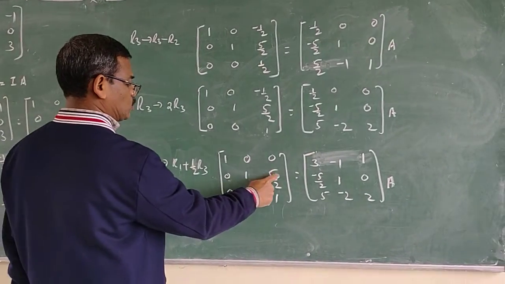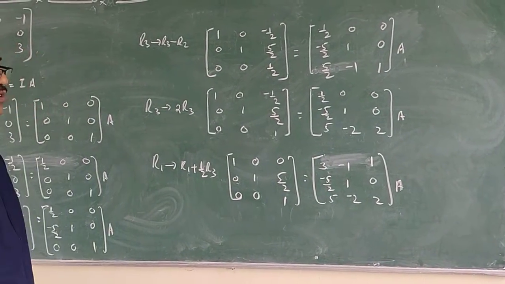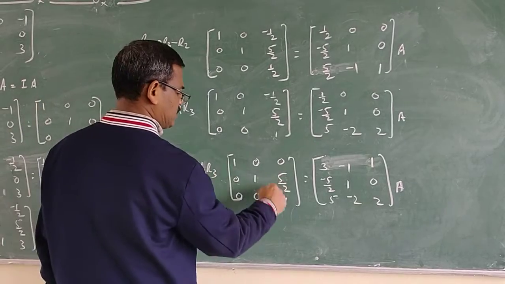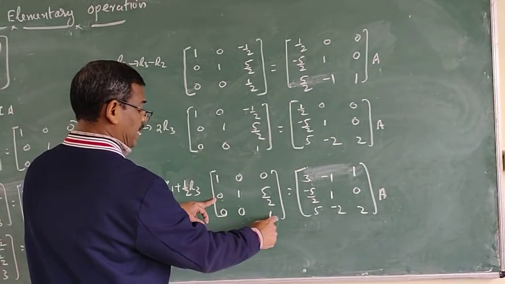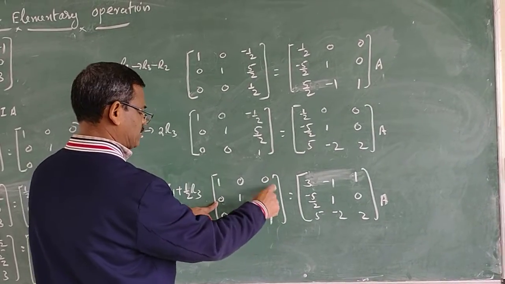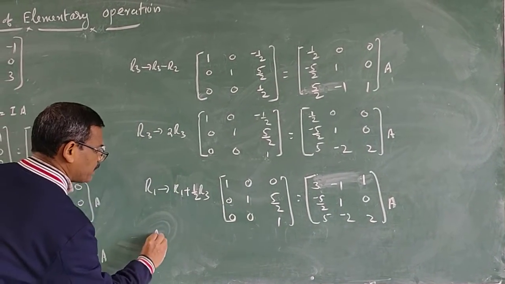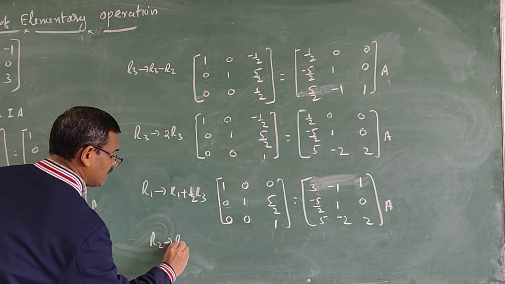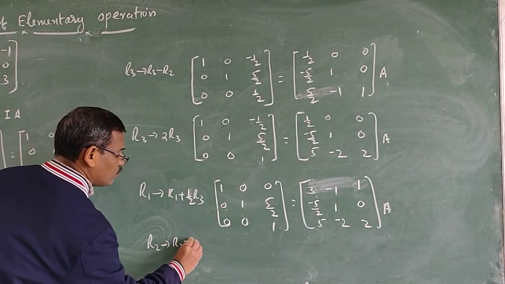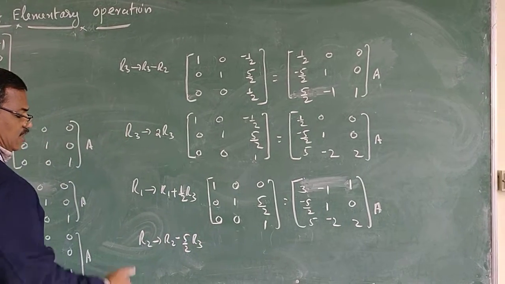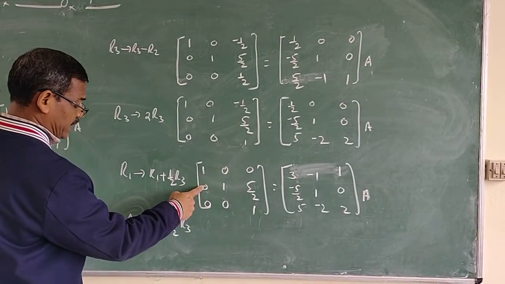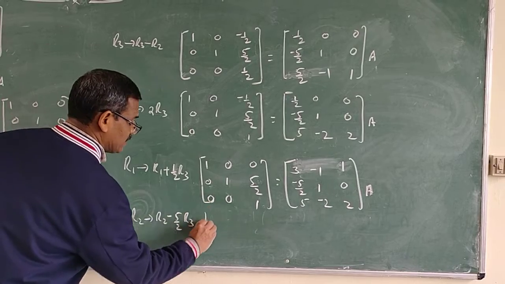Okay. Now what is the next stage? We have to make this also 0. How can you make it 0? You multiply this by 5 by 2 and subtract. So what is the next operation? R2 is R2 minus 5 by 2 R3.